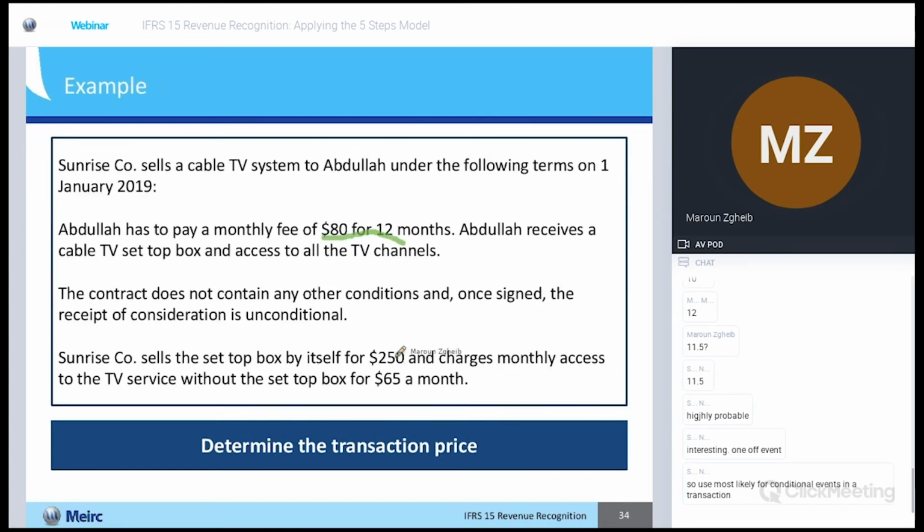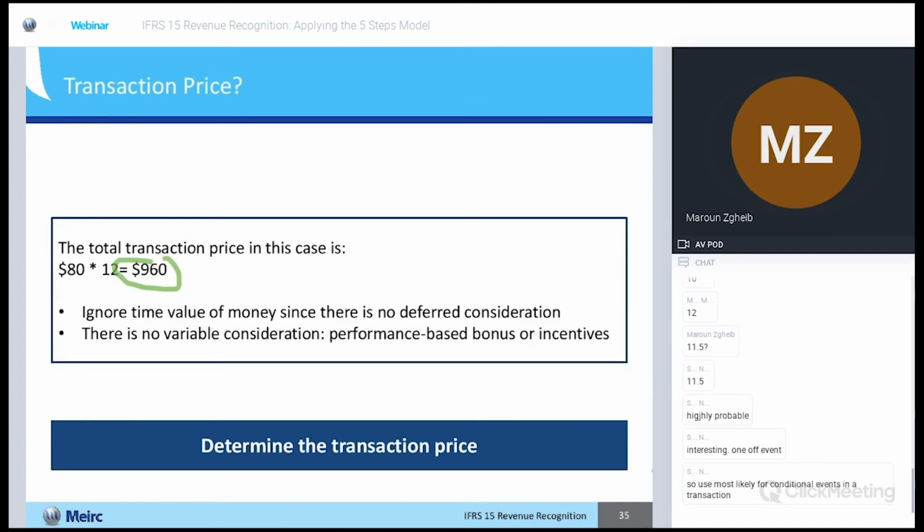Although the standalone price for the TV alone is $250, and the standalone price for the service is $65 a month, if you take $250 plus $65 a month, it is much more than the total transaction price.